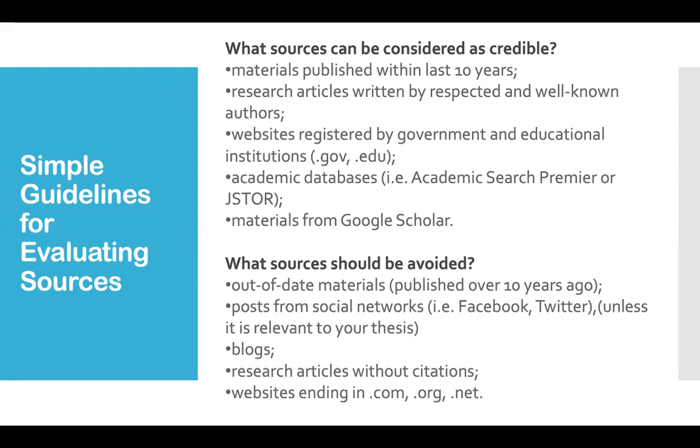Well, I can guarantee you that whoever wrote that back in 1952 is probably going to have a very different interpretation of what marriage is, what it looks like, and how it functions in society than someone who's written within the last 10 years. Now, you can cite from that source if you acknowledge that what you're citing is outdated and it serves a purpose in your paper, but you're not going to want to cite something that's super old as support for a current argument. So that's first of all, make sure your stuff is current.